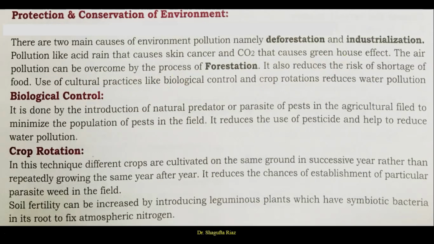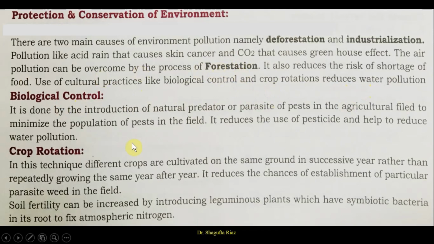It will automatically reduce the pollution, right? And it also reduces the risk of shortage of food. Obviously, use of cultural practices like biological control and crop rotation can reduce water pollution. Forestation is the remedy for the protection and conservation of the environment against air pollution.